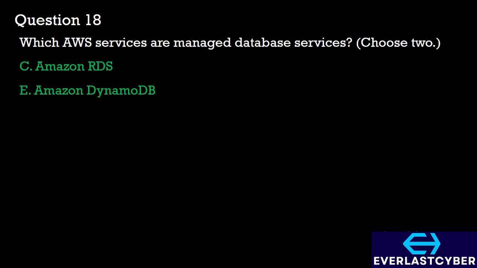Amazon DynamoDB is a fully managed NoSQL database service that provides fast and predictable performance with seamless scalability. It is basically designed to handle high-traffic applications and automatically manage the infrastructure for you, including backup, replication, and scaling.